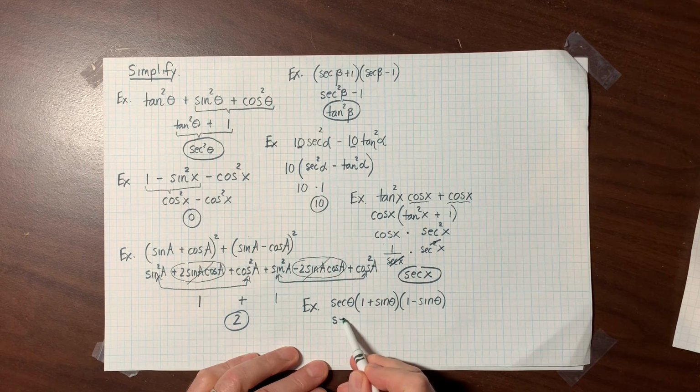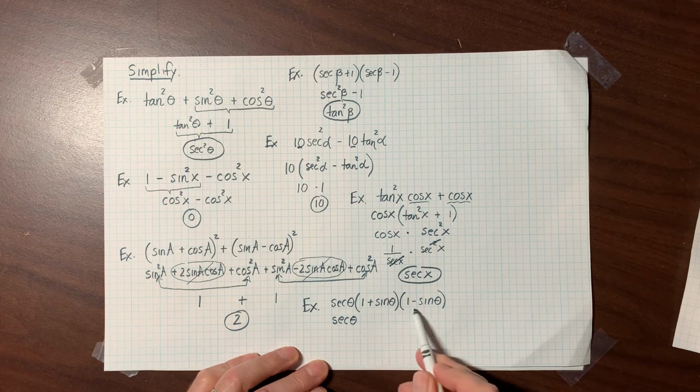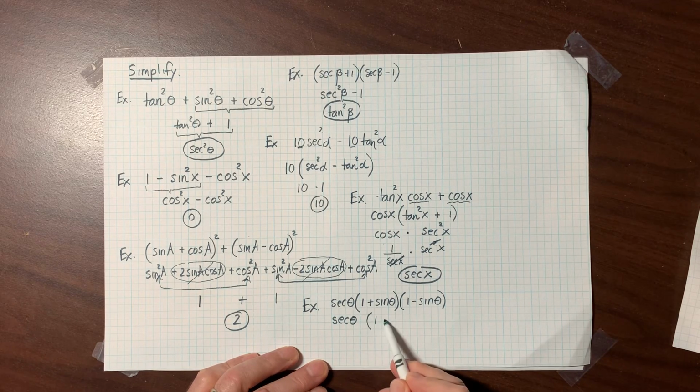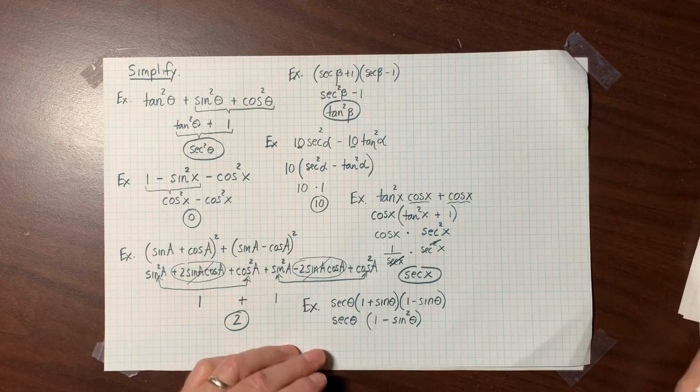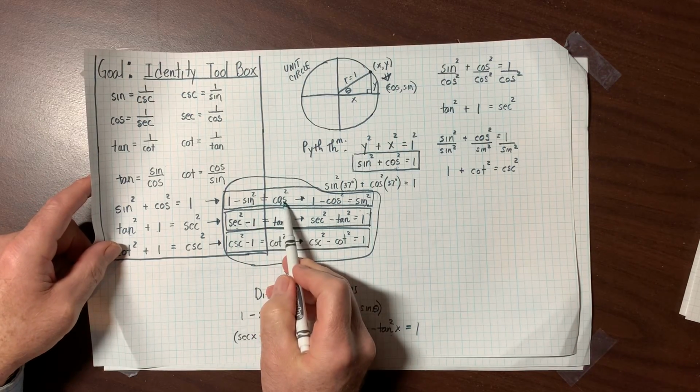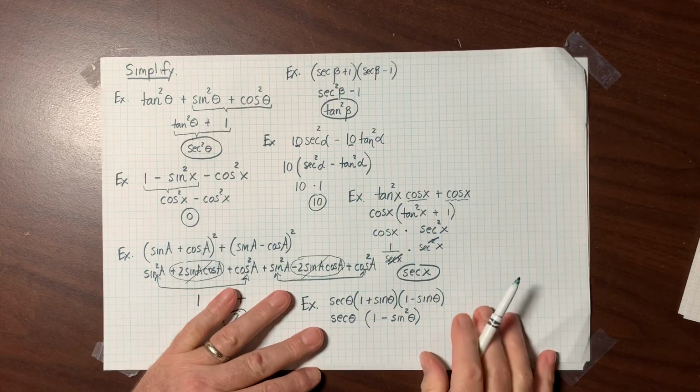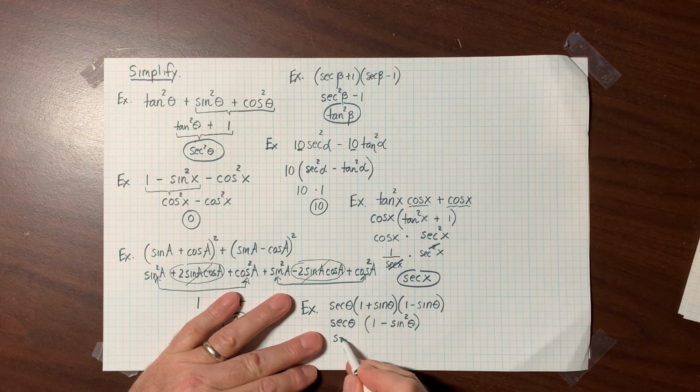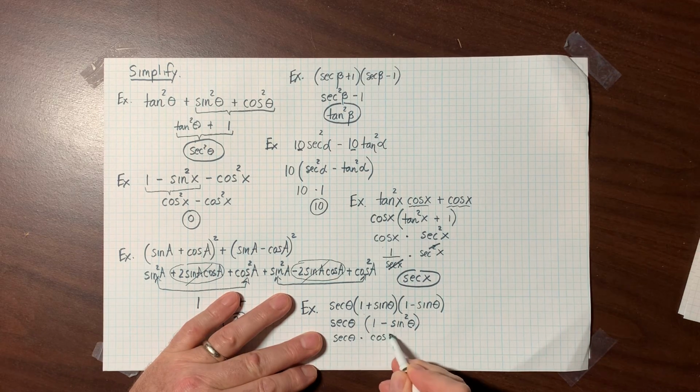So I'm going to have the secant of theta, and then 1 plus sine times 1 minus sine would be 1 minus the sine squared of theta. But 1 minus sine squared is cosine squared. So I'll substitute cosine squared for this quantity here. So I'm going to have the secant of theta times cosine squared of theta.